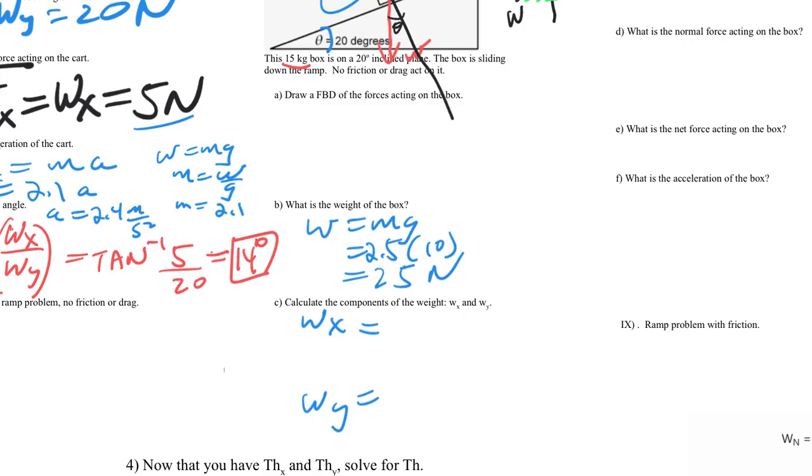So wx would be w times, usually cosine theta, but I have to flip it to sine of theta. And wy, which is usually sine of theta, I have to flip it to cosine of theta. Why? Because the angle is from the y-axis. And again, my equations on the equation sheet for trig functions are for the angle from the x-axis. So this would be 25 times sine of 20.